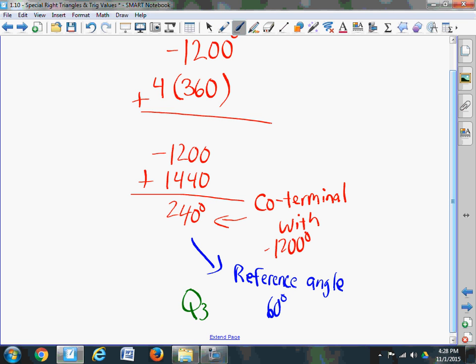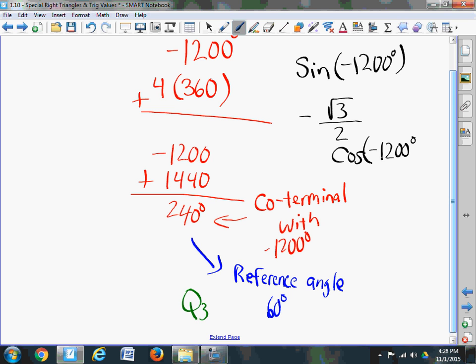So the sine of negative 1200 is the same thing as the sine of 60 degrees, which would be root 3 over 2, except for the fact that it's in quadrant 3, so it would be negative. And then the cosine would be the same thing as 60 degrees, except it's also negative, so it would be negative 1/2.